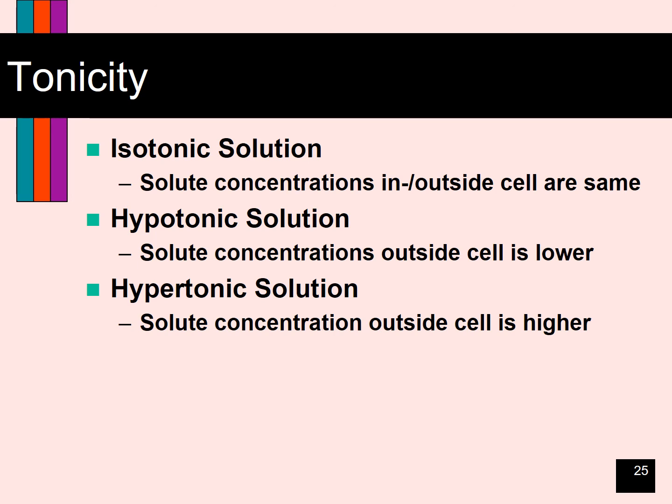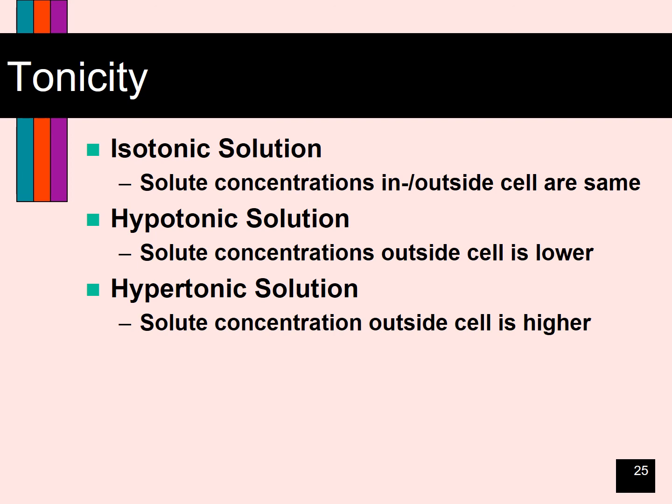But for instance, our red blood cells in our plasma, the solute concentration within the cell and outside the cell in the plasma are the same. So water might move into the cell, but it would also move out of the cell at the same rate. So there would be no net uptake or loss of water.